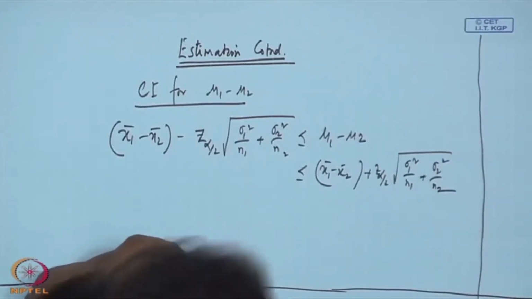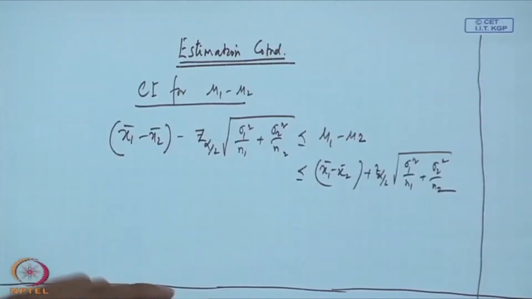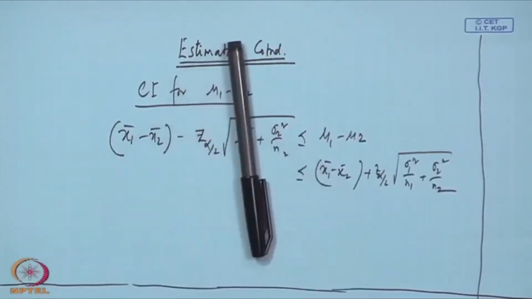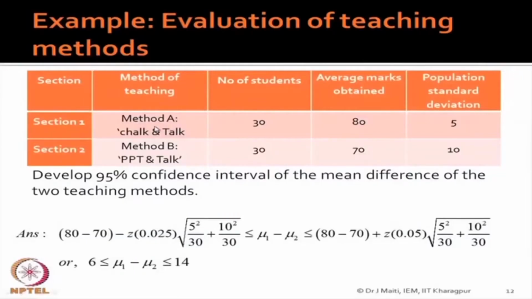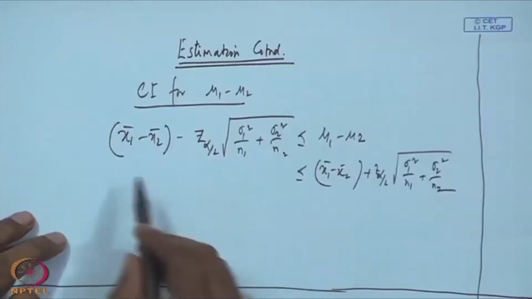We also saw one example, with method A and method B as two teaching methods. Only thing, here you write Z 0.025, not 0.05.